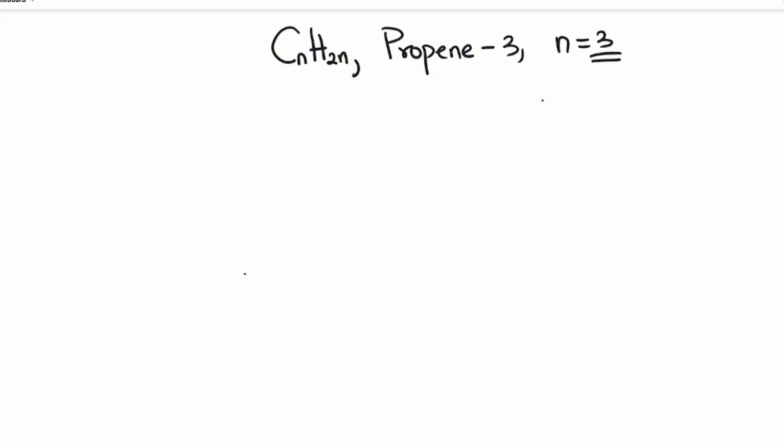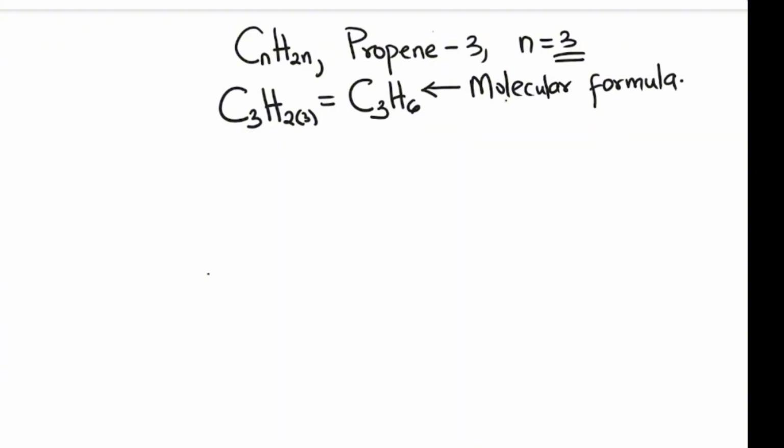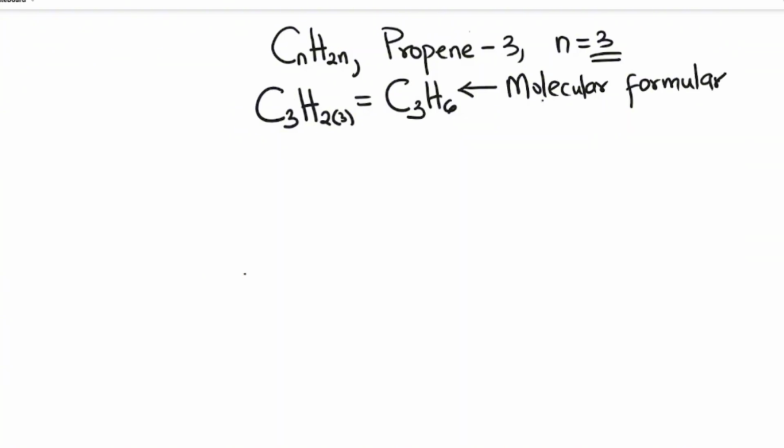It's the number 3 guy, the child number 3. So if you draw that, it's going to be what? C3H2(3). That will give us what? C3H6. So this guy is our molecular formula.